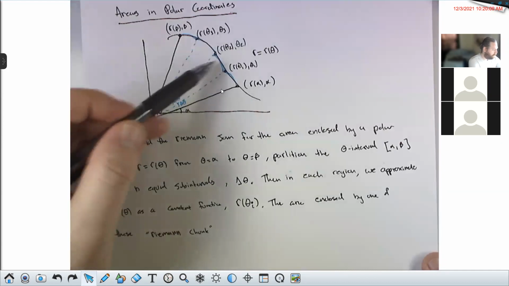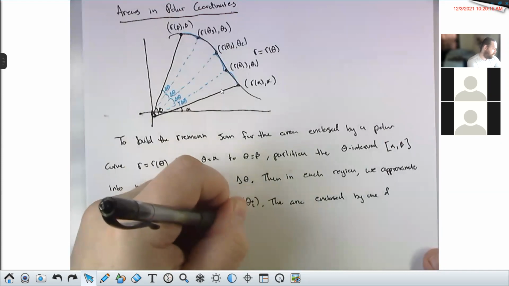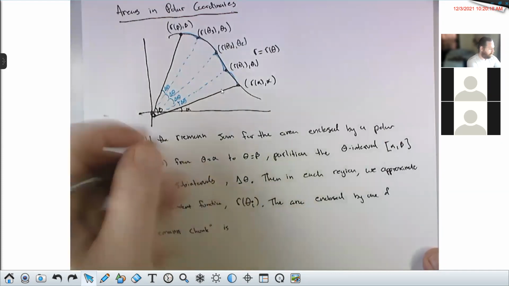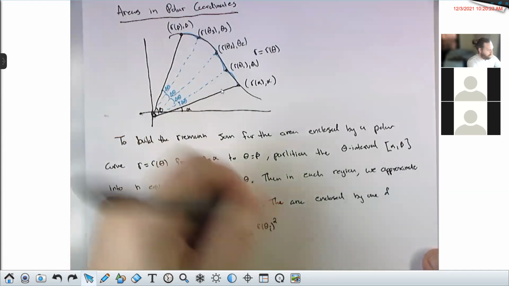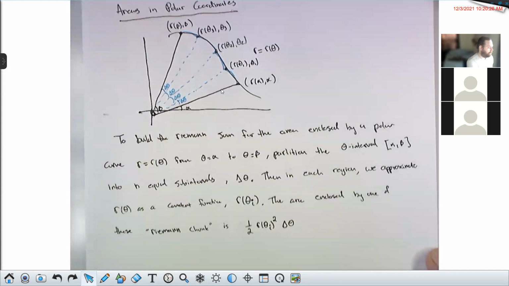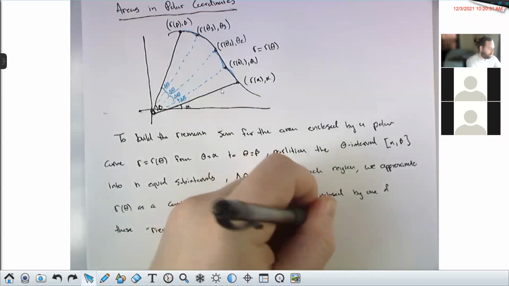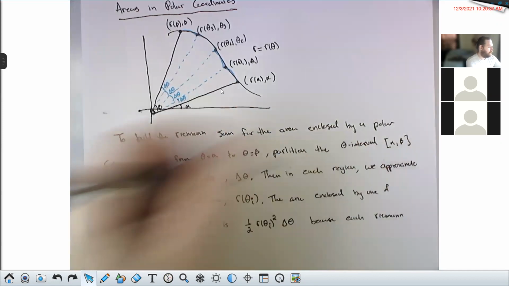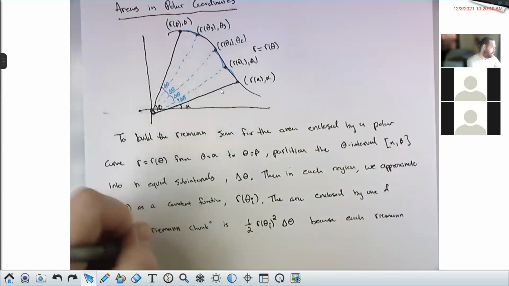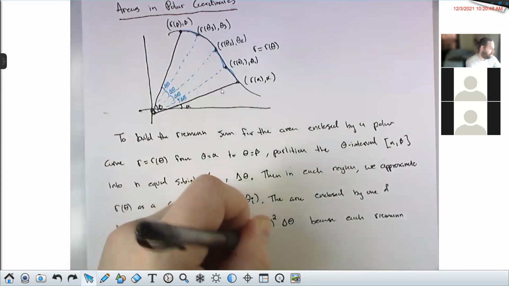Say the area enclosed by this little blue, vaguely triangular looking shape is 1/2 r of theta i squared times delta theta, because each Riemann chunk is a sector of a circle.